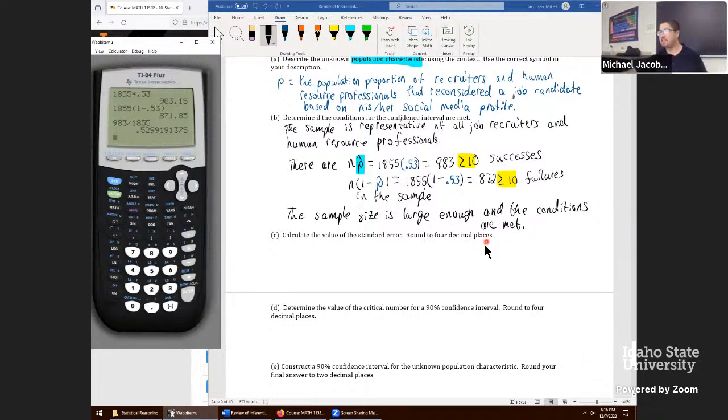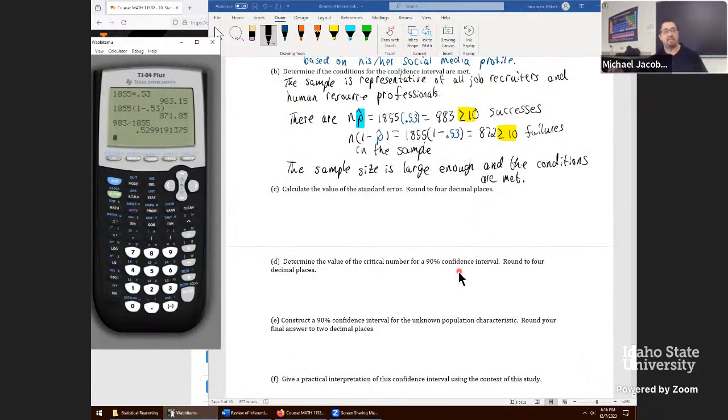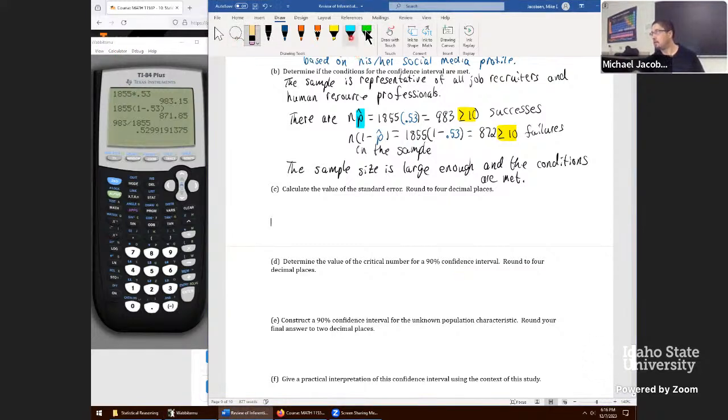Okay, well, we've got the conditions down. Next thing is the mathy part of the whole process, like we've mentioned before. It's asking for a standard error. But if you ever wrote p-hat anywhere on your paper, the standard error should really look like this. SE for standard error of p-hat.